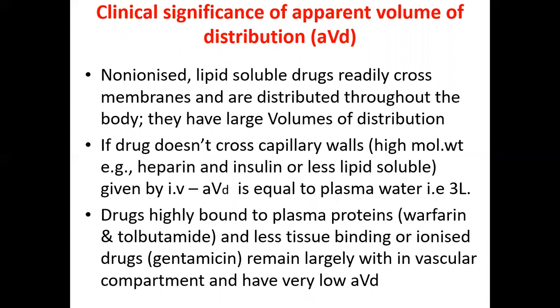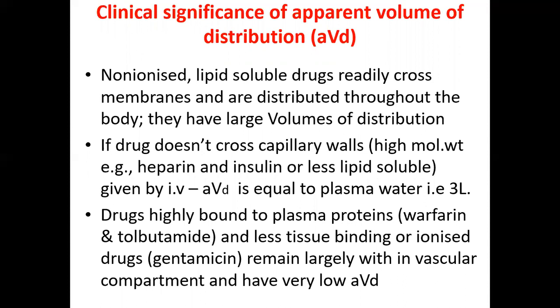A drug does not cross capillary walls, like high molecular weight compounds such as heparin and insulin, unless it is lipid-soluble, so these are given by IV. Their apparent volume of distribution is equal to plasma water, that is 3 liters.